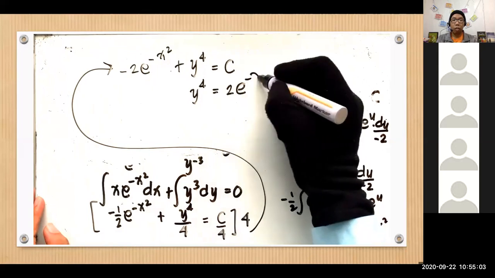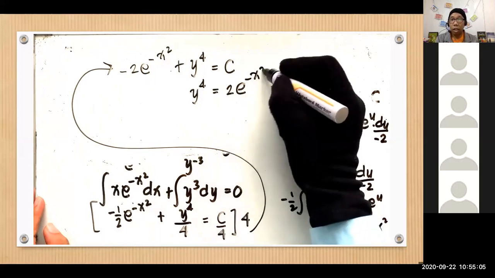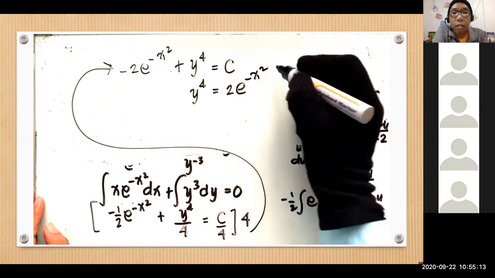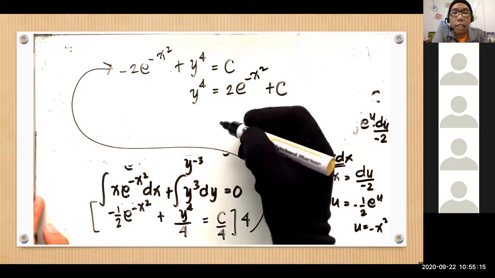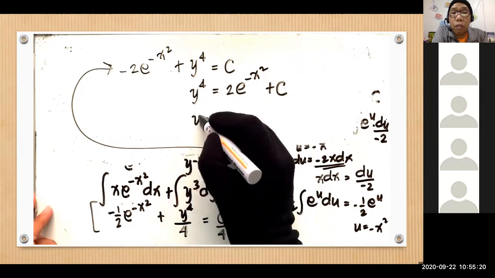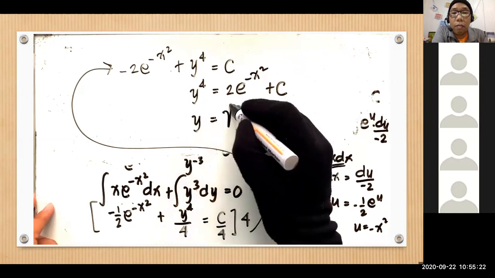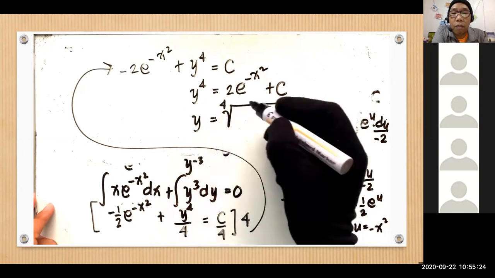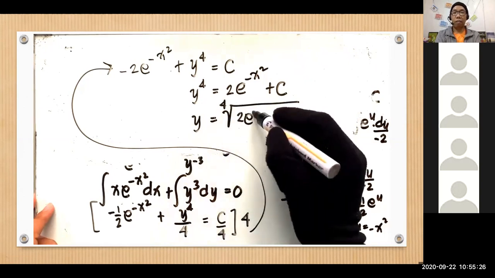So ito na yung sinasabi ko na pwedeng gawin mo yung pag-transpose dun sa bandang last part na or ituloy mo lang na mag-integrate ka kapag napaghiwalay mo na yung variables. Okay? Na-gets? So ito na ngayon yung final answer mo unless you're asked to solve for y. So kunin mo yung fourth root. Yan. Fourth root of both sides of the equation.